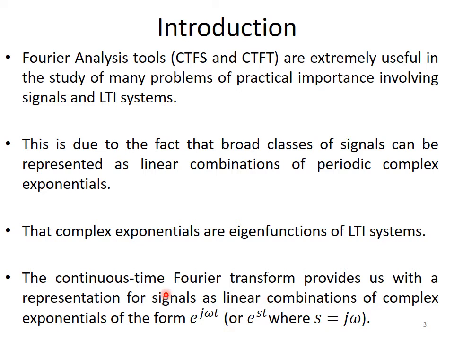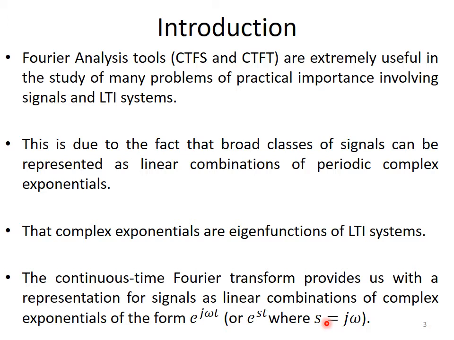In continuous time Fourier transform, if you review lectures number 18 and 19, you will see that the complex exponentials that we used were of the form e power j omega t, in comparison to e power st. So e power st is actually a general representation of a complex exponential, and e power j omega t is the representation of a complex exponential when the real part is 0, when s is only imaginary.